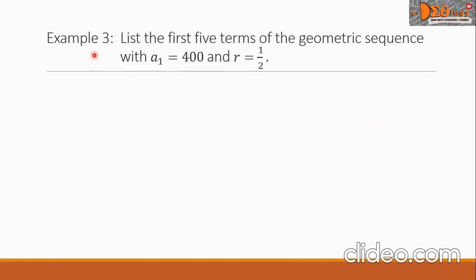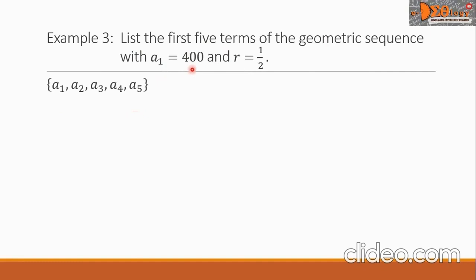Let's have example 3. List the first 5 terms of the geometric sequence with a sub 1 equals 400 and r equals 1/2. Here we have the first 5 terms of the geometric sequence from a sub 1 up to a sub 5.